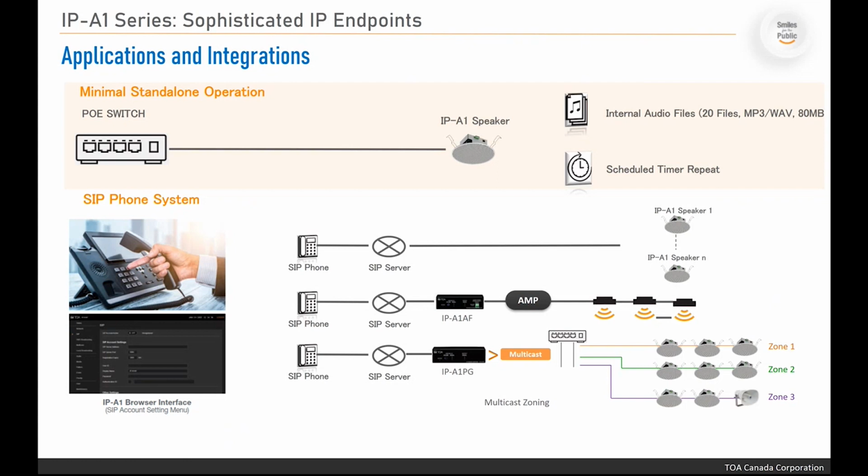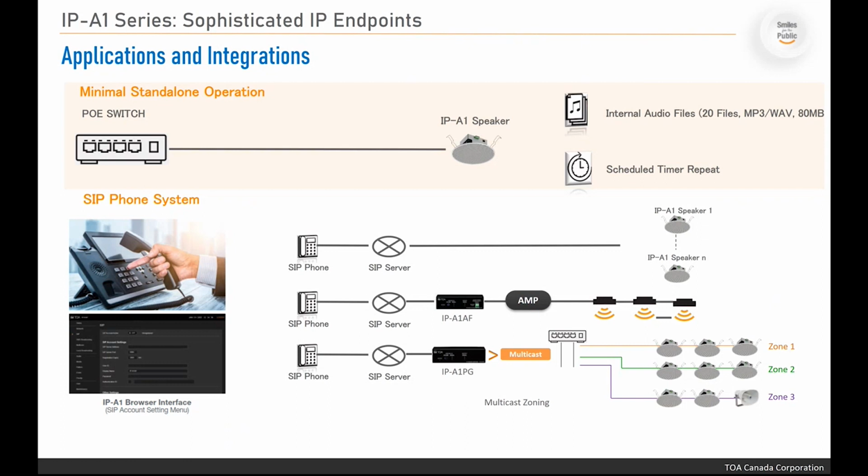Or if you want to do zoning or paging, if you want to page a zone, then you use the paging gateway, and the paging gateway will translate the SIP into a multicast, and that way you can page your zone speakers.